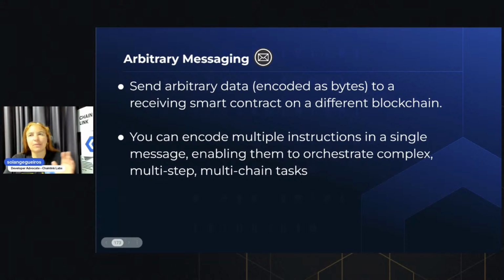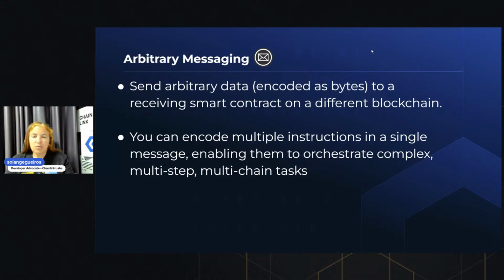So let's talk about messages. What is a message? Remember that a message is everything that you send using CCIP. Even when we are sending tokens, the tokens will be a part of a message. But we can have only messages without the tokens.